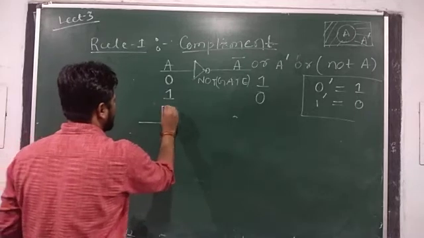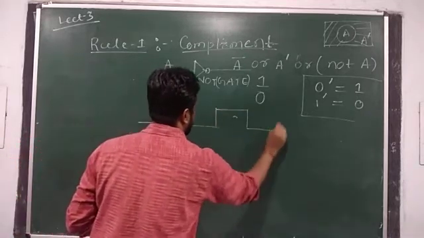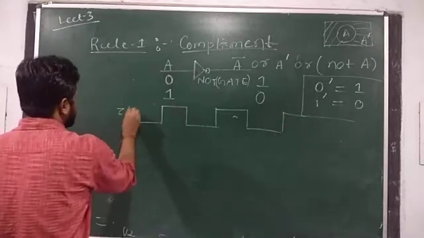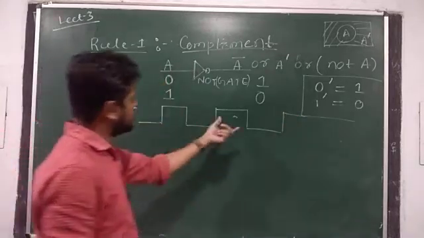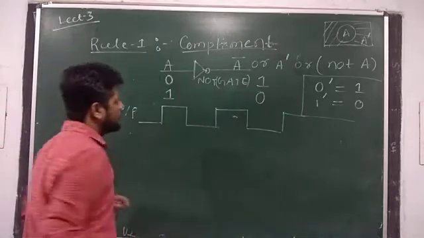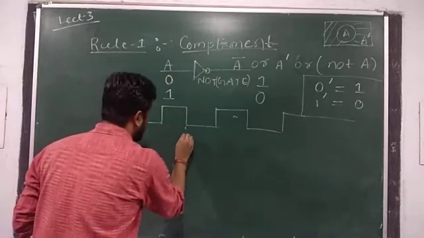Let us take another example. Suppose I am applying a pulse, this square wave, as our input to this NOT gate. Then what will be its output?